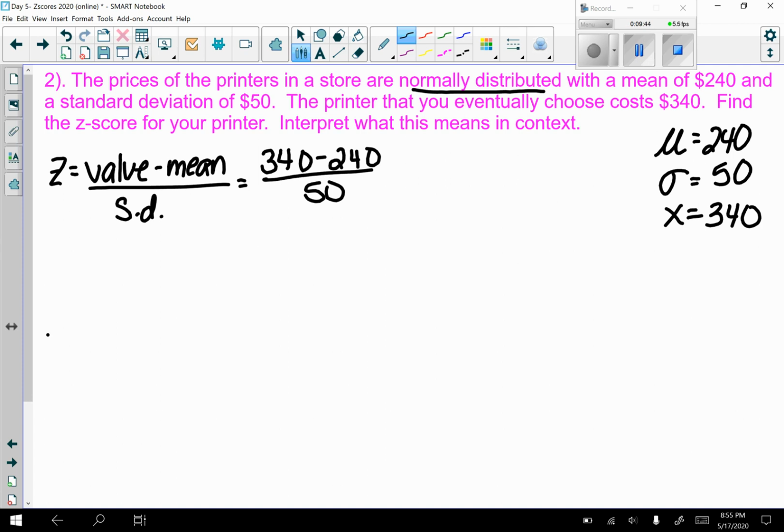Once again, if I just wanted to sketch out a little bit of a picture here to help visualize it, my mean is in the center. It's 240. My value is above the mean, so I should be anticipating a positive value. Because remember, a z-score measures how many standard deviations you are away from the mean, either above the mean or below the mean.